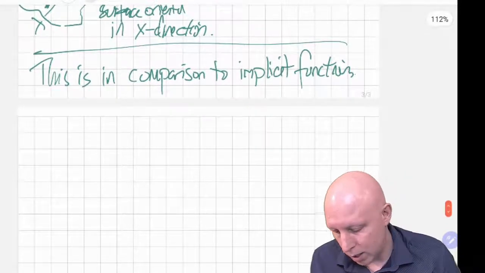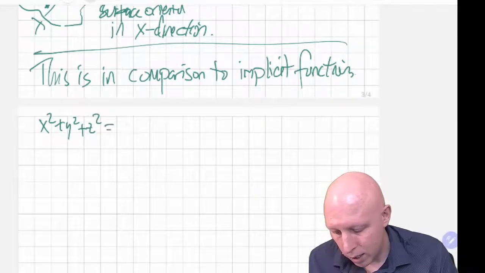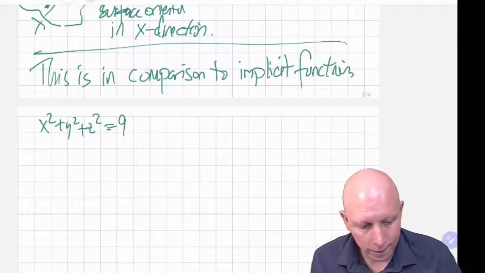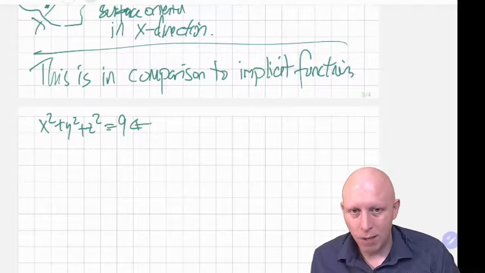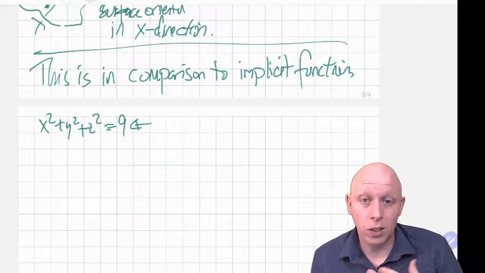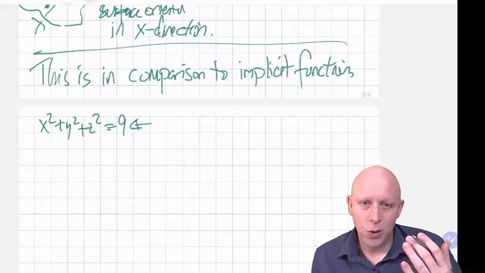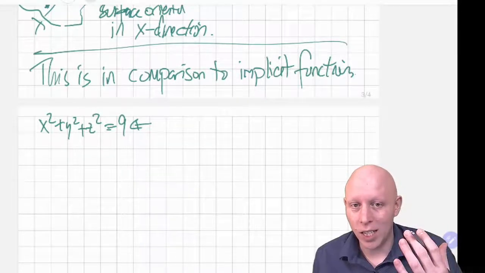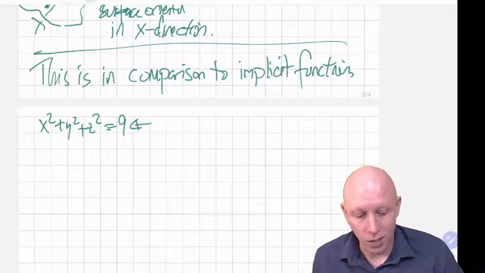So this example, x squared plus y squared plus z squared is equal to 9, really isn't written where one variable is a function of another variable. Instead, you can think, secretly, implicitly, that one variable is a function of the other variables.